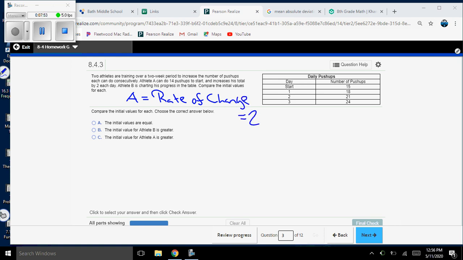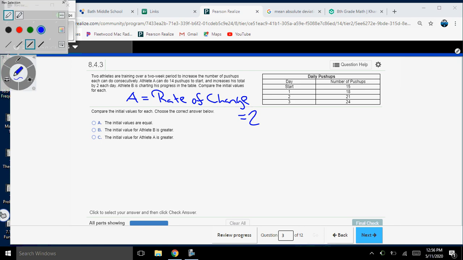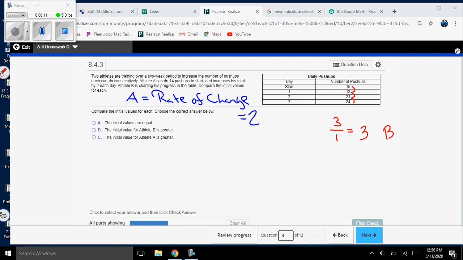If you look over here at athlete B, he's charting his on a table. And so athlete B looks like every day he goes up by 3. Again, this is changing by 1. So obviously athlete B has a rate of change of 3.